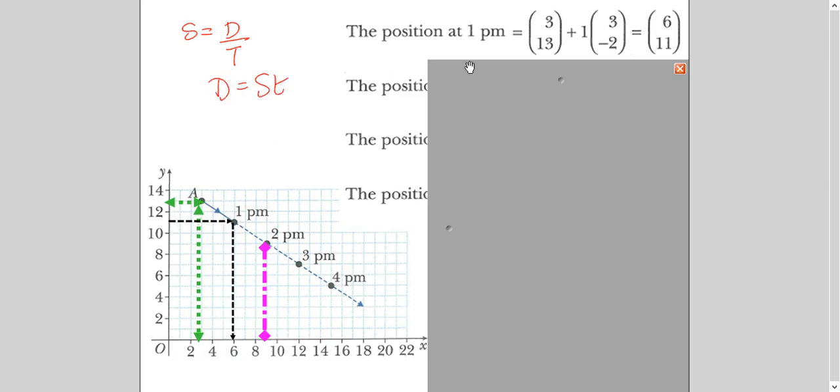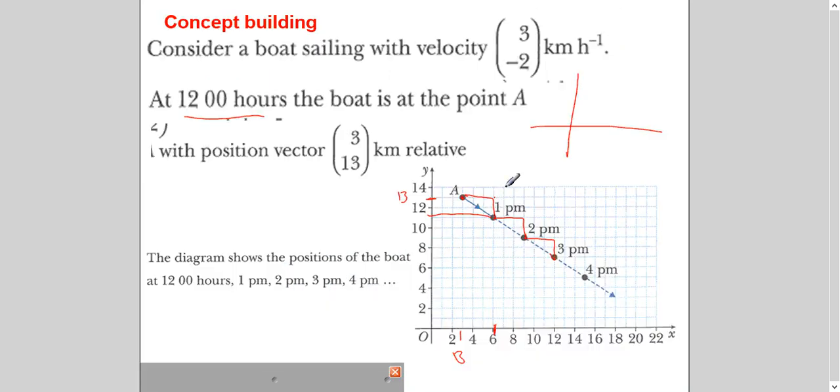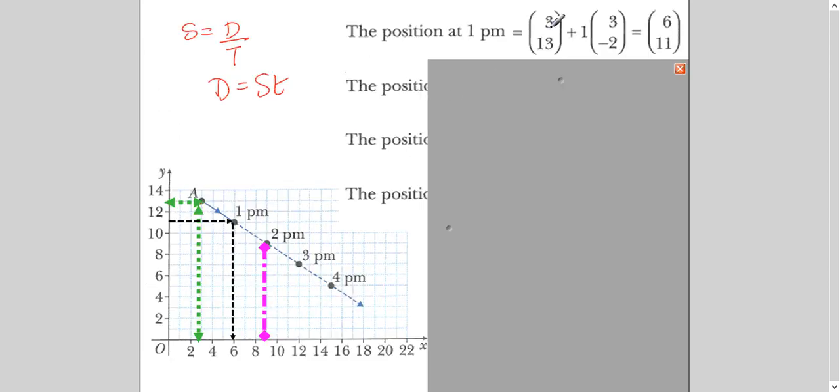So you will multiply time with the velocity vector, and you will get the new position. And I have explained to you here, old position plus 1 times velocity is bringing it to the new position, right? Velocity times time will give you the new position here, and then you add up.